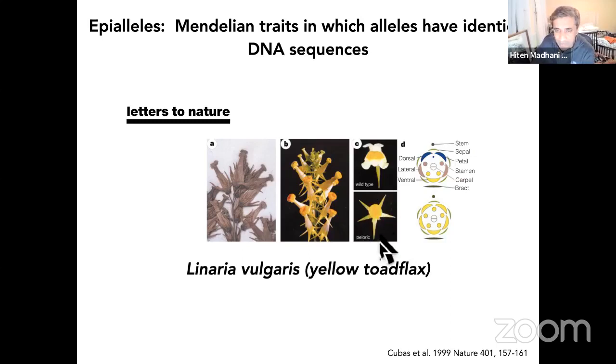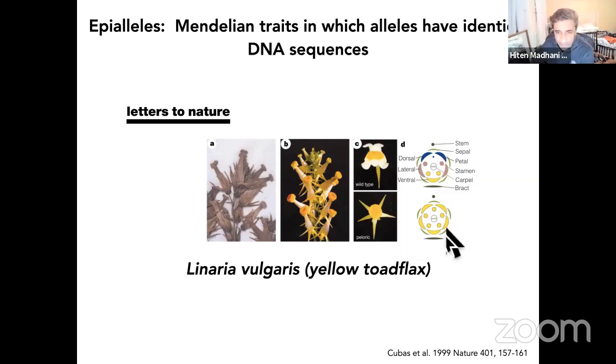One is a mutant, but not a classic DNA mutant, but an epiallele caused by DNA methylation and silencing of a gene that mediates the switch from a radial symmetry in flowering to bilateral symmetry. These epialleles that are found often in plants have limited genetic stability.